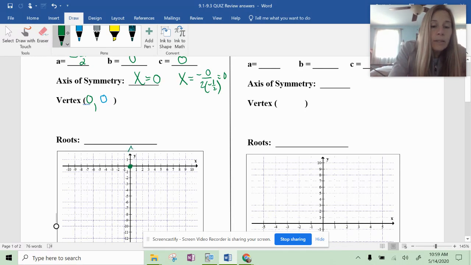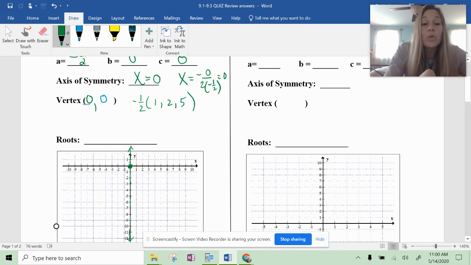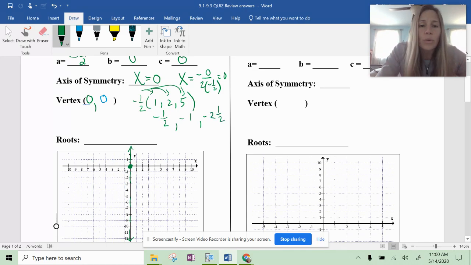So now when we go to graph that, we have 0, 0, which is at the origin. We have our axis of symmetry, which happens to be the y-axis in this problem. And then if we remember, we did our graphing pattern, which was that a value times 1, 3, 5. So if I multiply that, I have -1/2, -1, and -2.5, or 2.5. If you have decimals, that's totally fine.